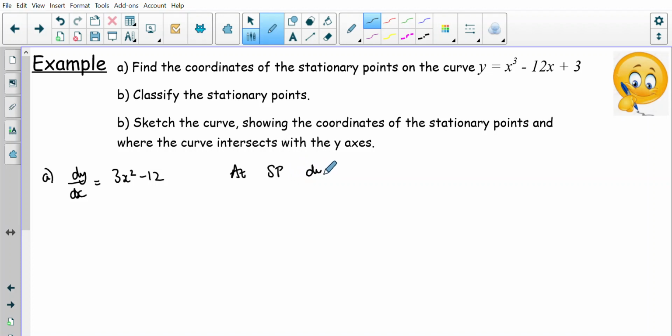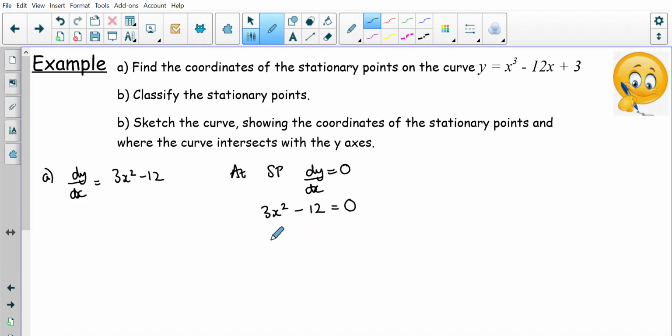At a stationary point, we know the gradient is 0. So at a stationary point, dy by dx equals 0. It's important that we write this in our workings. So we put our gradient function, 3x squared minus 12 equal to 0, and then we solve that quadratic.